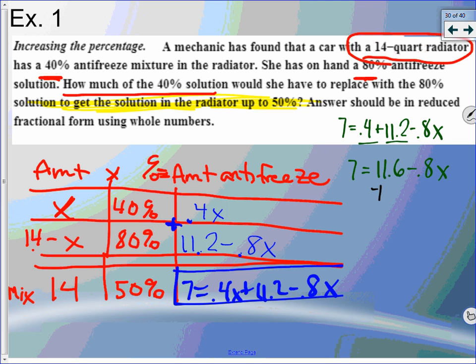Then I'm going to subtract 11.2 on both sides. Oh, darn it.